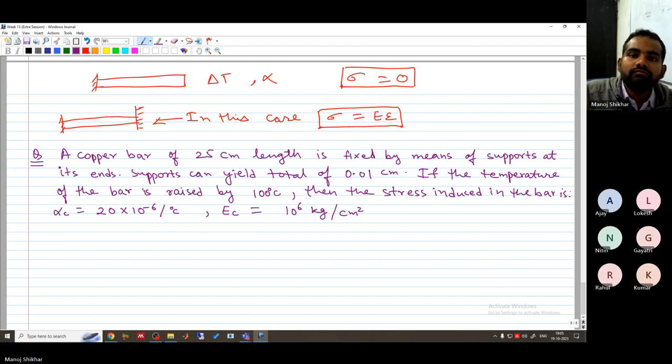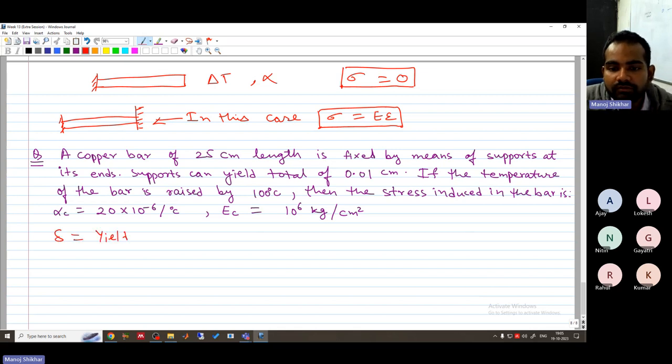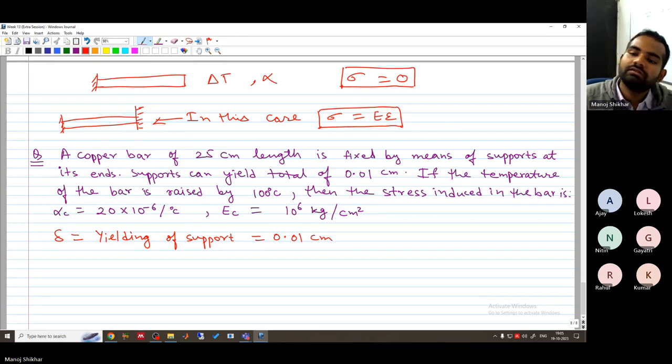So first let us write delta. This is the yielding of support, and they have given it as 0.01 centimeter. Now we will find the total free expansion, delta free.